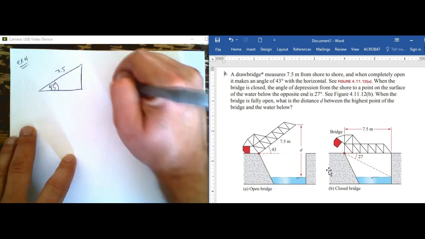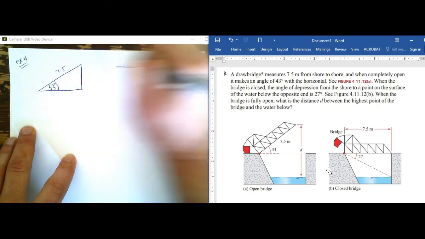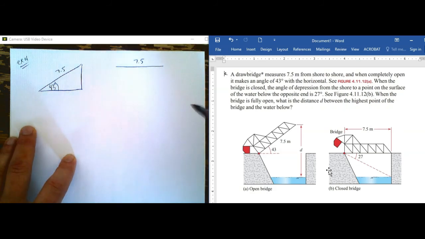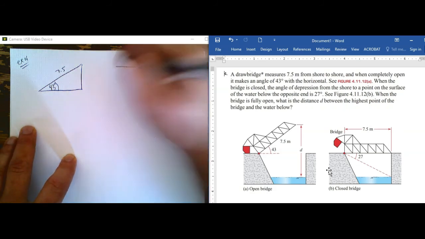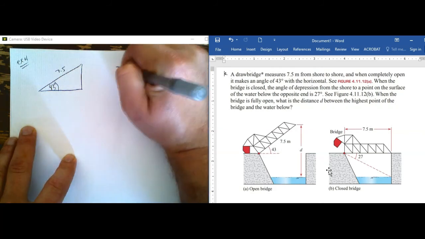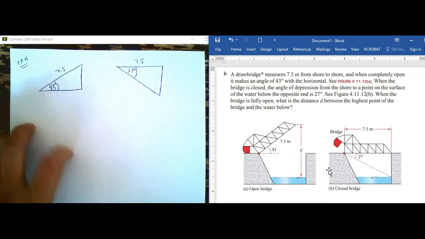And when the bridge is closed, we have 7.5 meters here. 27 degrees is an angle of depression there.